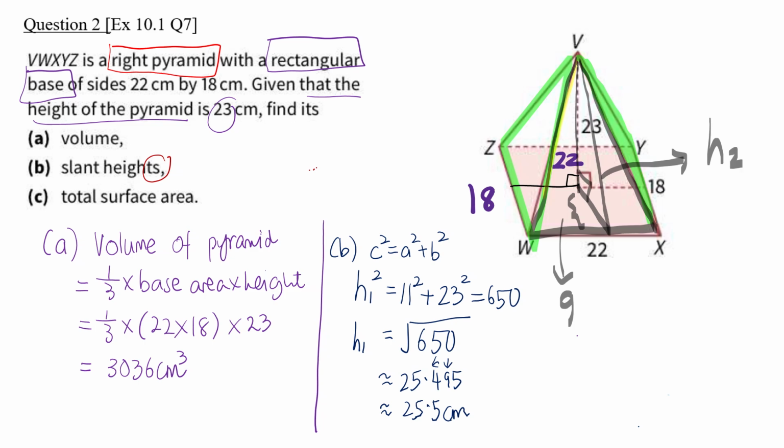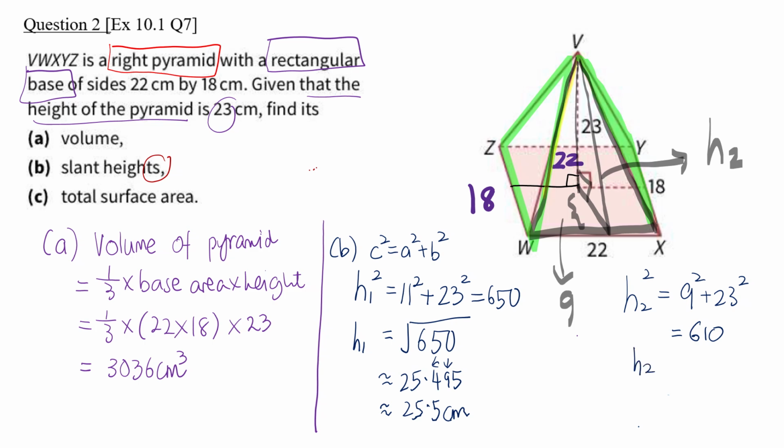Similarly, we're going to use the Pythagoras theorem. H2 squared is equal to 9 squared plus 23 squared. If you use a calculator to work this out, it will give you 610.